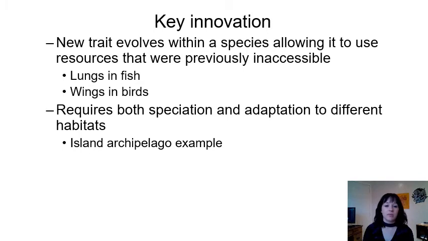The ability to breathe air opens up a whole new world to fish, right? Or for a rodent to develop wings. Now this rodent can explore the tops of trees and travel further, right? And so this key innovation requires both speciation and adaptation to different habitats, right? If that fish is going to get lungs, it probably needs some other traits too to help it survive on land, like feet.